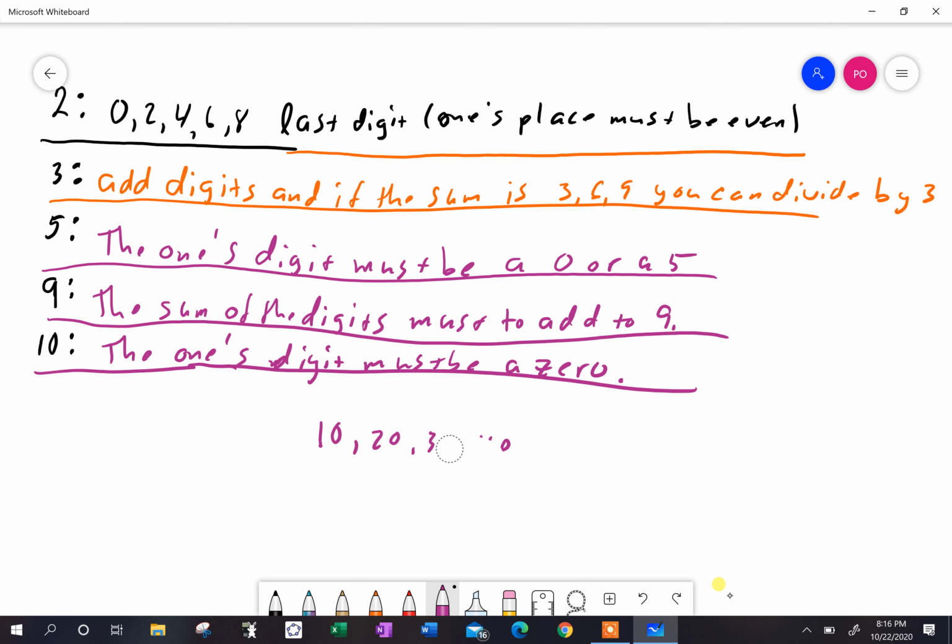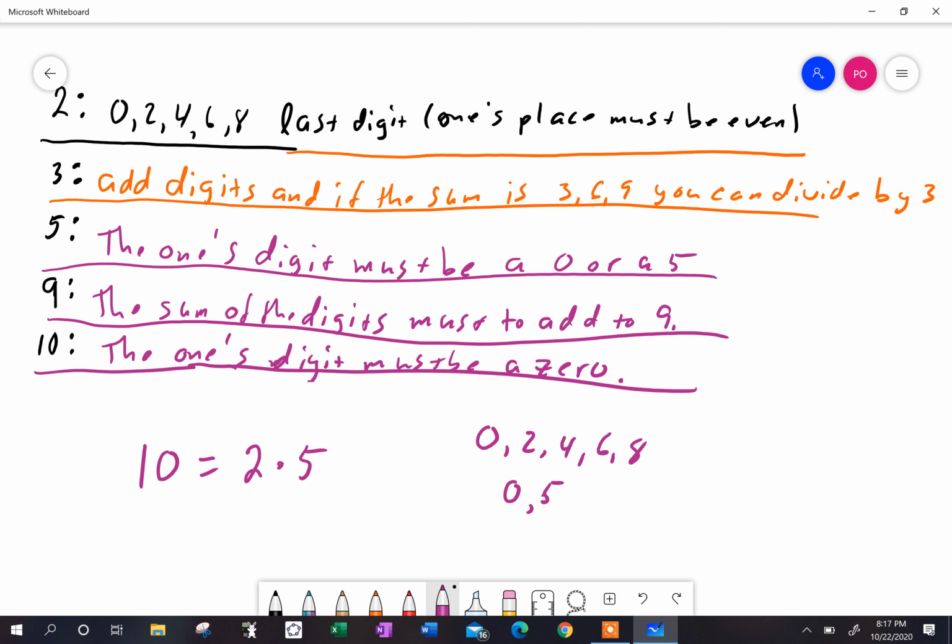The reason why is because the number 10 is equal to 2 times 5. So if a number is divisible by 10, that means you have to be able to divide it by 2 and 5. Well, look, in order to divide by 2, it has to be 0, 2, 4, 6, or 8. And in order to divide by 5, it has to be 0 or 5.